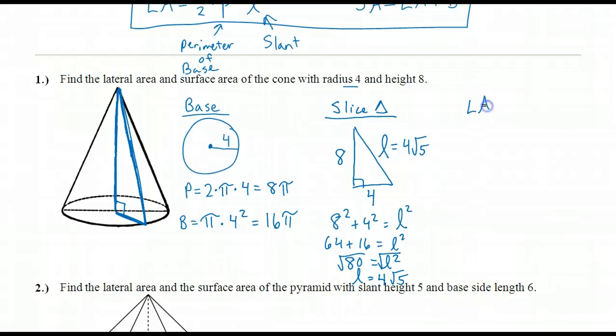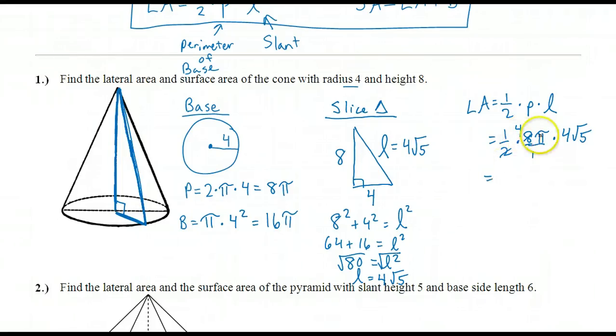To figure out my lateral area, 1/2 times my perimeter times my slant height. So I have 1/2 times the perimeter of my base I figured out to be 8 pi times my slant height, 4 square roots of 5. Well, 1/2 and 8 can be simplified down to 4.